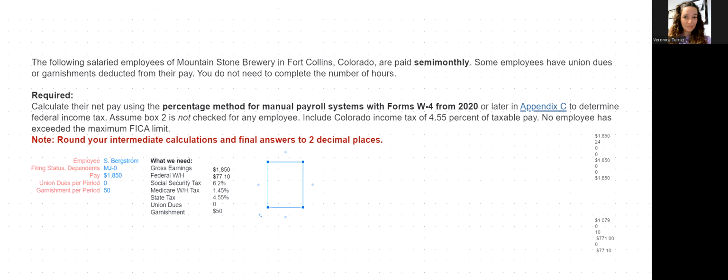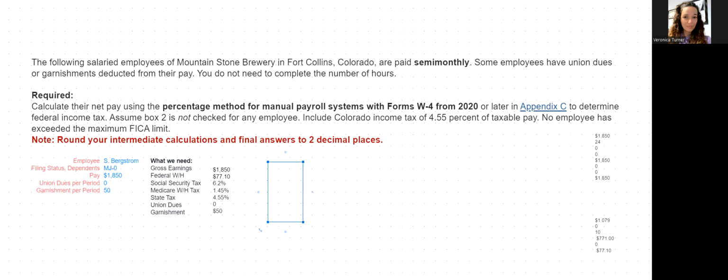And then let's calculate the Medicare tax withholding. So again, 1,850. I'm going to multiply that by 0.0145. I'm doing the percentage base. That gave me $26.825. I'm going to round it to 2 decimals because the note in red up there says 2 decimals. So I'm going to put 26.83.